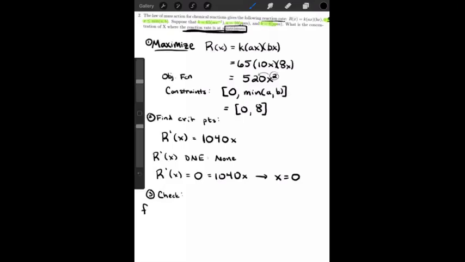We need to plug in the endpoints. And we need to plug in the critical points, but there's only one, and it's already an endpoint.